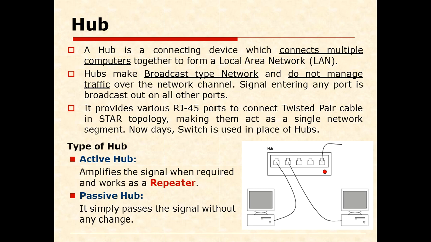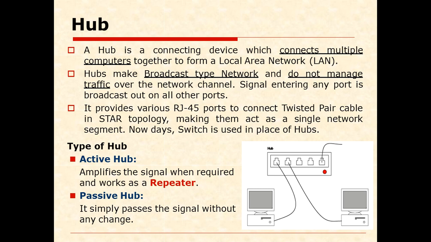And next one is, what are the types of hub? Active hub and passive hub. What are active hubs? It amplifies the signal when required and works as a repeater. Suppose the signal strength is low, the signal will be sent from sender to receiver, but the receiver will not receive the signal correctly.